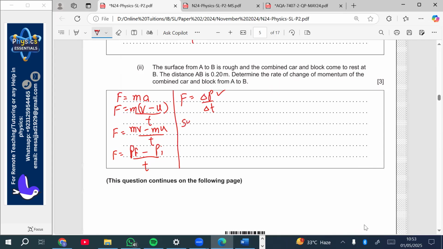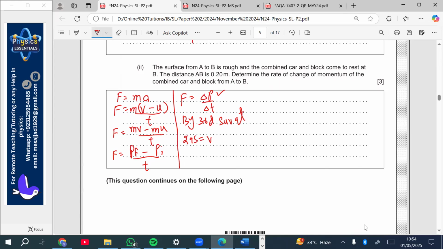So first of all, using the third SUVAT equation, 2as equals v square minus u square, right?